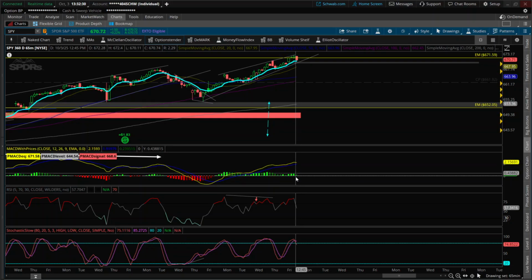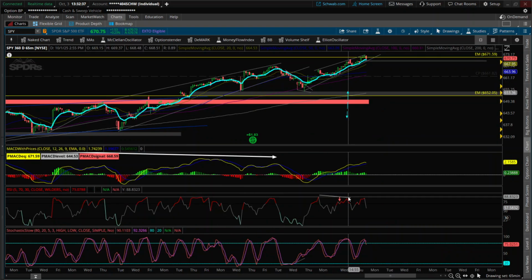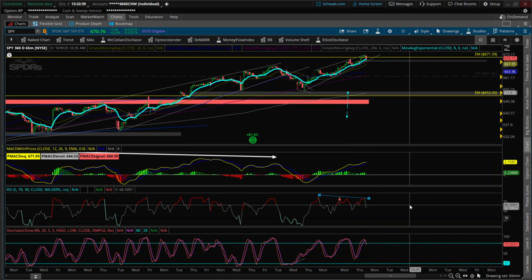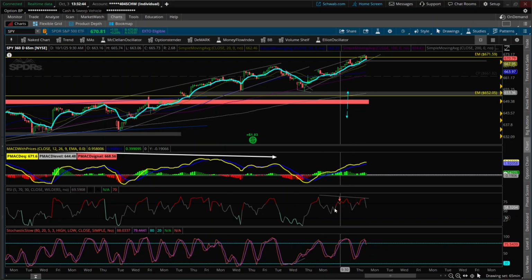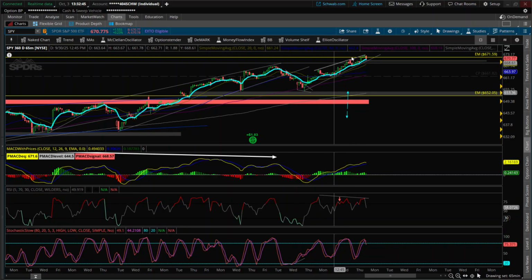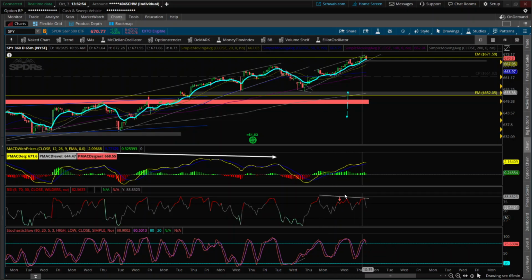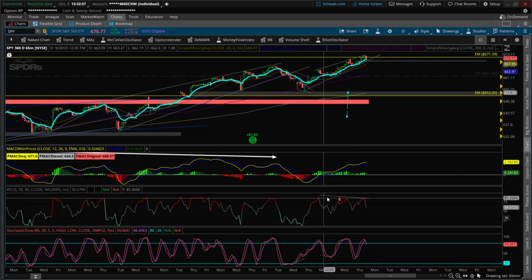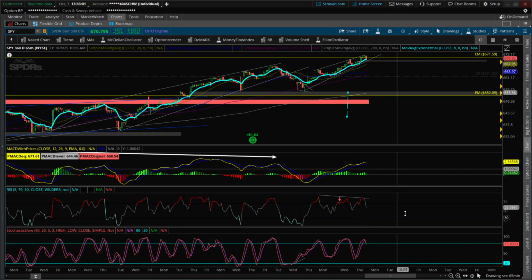MACD starting to curl, no sell signal there, and you get this nice divergence here on RSI, making these new highs here, which this is a divergent line, which now it's legit because you have the 3 reactions off of it. So this is a good trend line now, and that also plays nicely with the divergent line here. So you have lower RSI, higher prices that will play out.